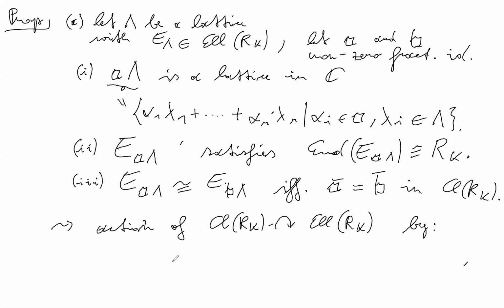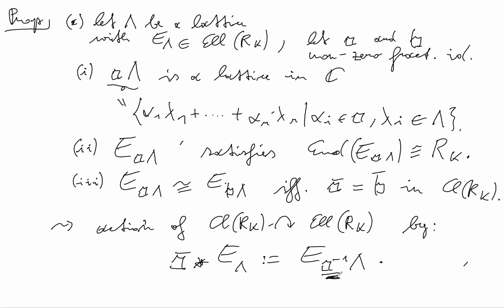Well, let's say this ideal class acts on the curve E_lambda by just considering the curve E_{A^{-1} lambda}. And that's why I actually want to have non-zero fractional ideals, right? I want to actually be able to invert these fractional ideals. And the reason why we invert here is just for convenience, because it keeps certain ordering nicer, and it makes composition of these actions nicer.